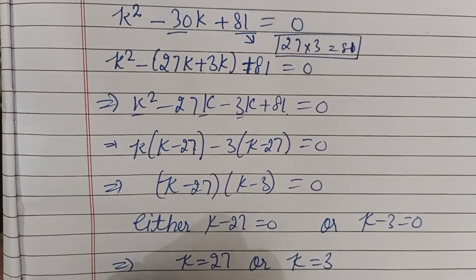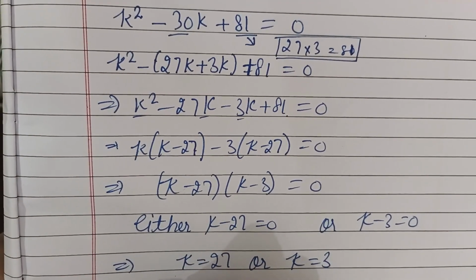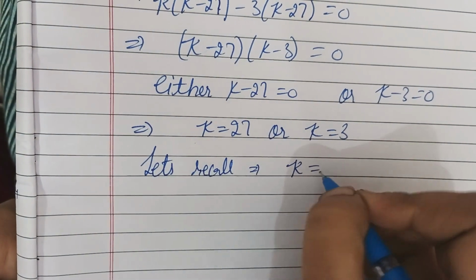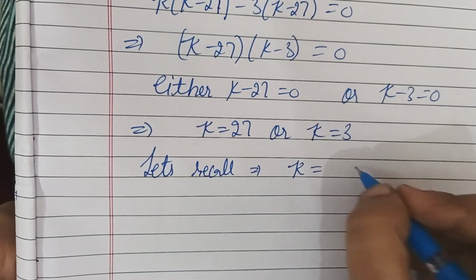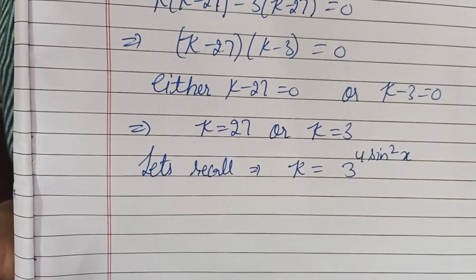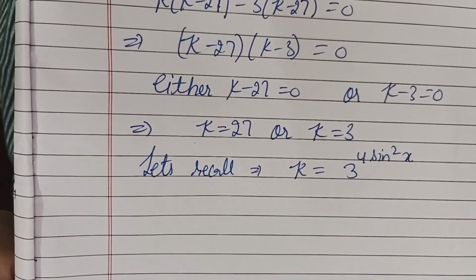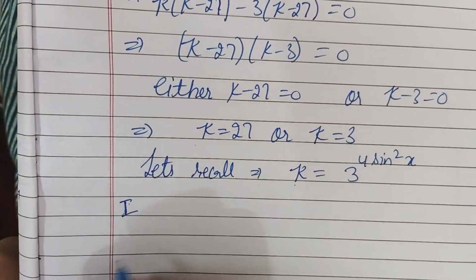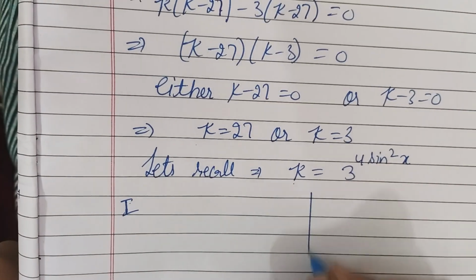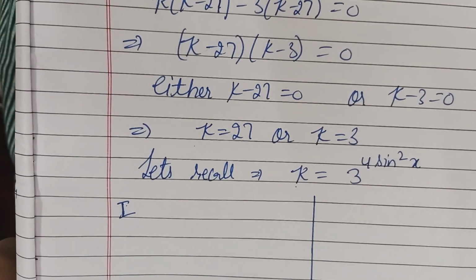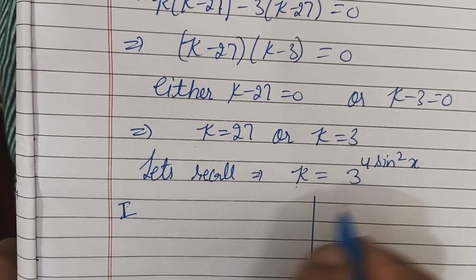Now let's recall we have k equals 3 raised to power 4 sine square x. So now putting the value of k as 27, let's consider the first case where k is 27.